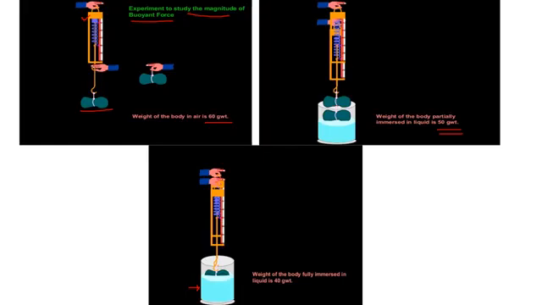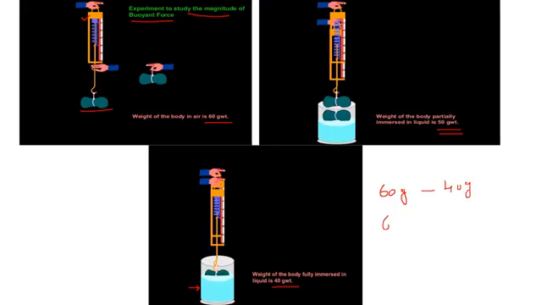But when I have immersed this object completely in the liquid, I can see the weight has reduced still, that is 40 grams. So from 60 grams it has reduced to 40 grams.